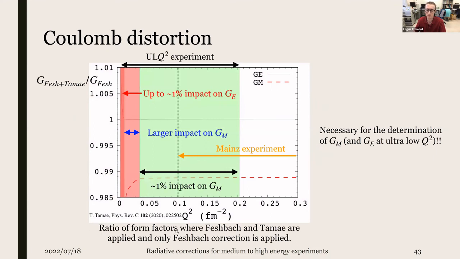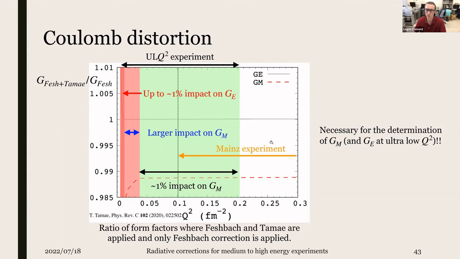In his paper, he calculated the ratio of the form factors where Feshbach and Tamae corrections are used, and when only the Feshbach correction is applied. You can see here that the magnetic form factor is reduced by about 1% when we take into account the Tamae correction.